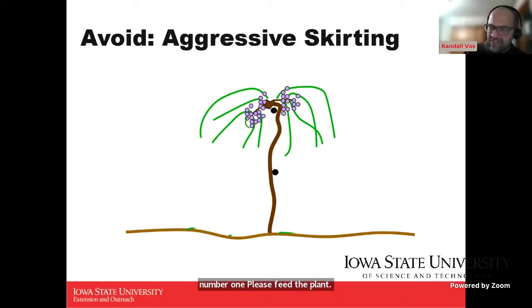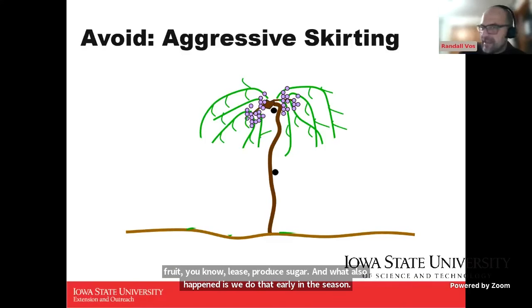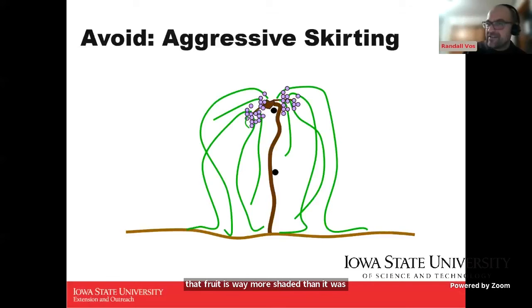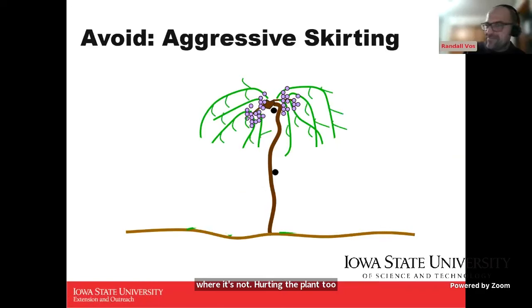Leaves produce sugar. And when we do that early in the season, we'll get a ton of laterals popping on there. Now that fruit is way more shaded than it was beforehand. The response from pinching that plant is more leaves covering the fruit.